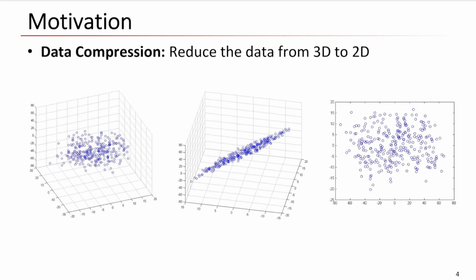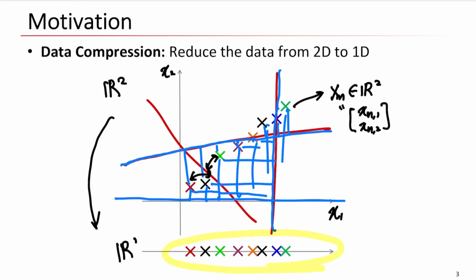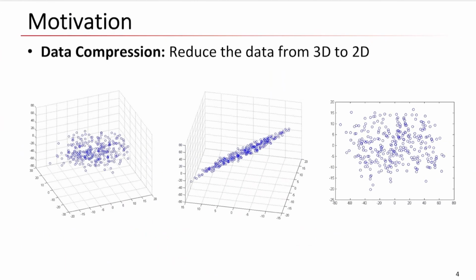Another case: this was 2D to 1D, and now we want to go from 3D to 2D. Let's say we have a three-dimensional vector xn in R3 space. Then let's say this is the x1, x2, x3 space, right? Then we want to project this three-dimensional feature to 2D features.